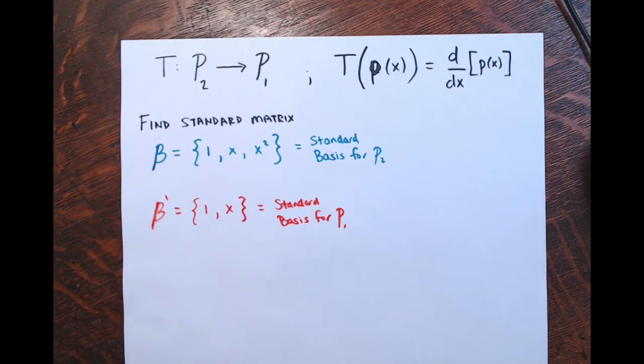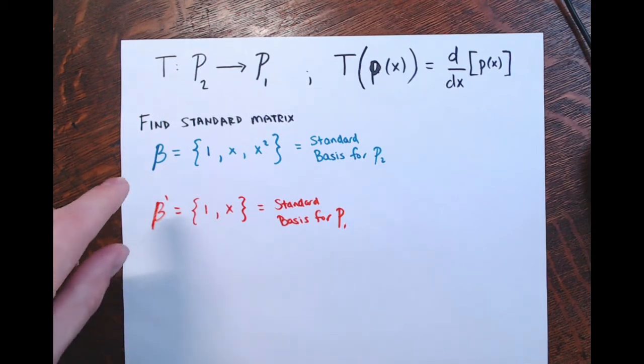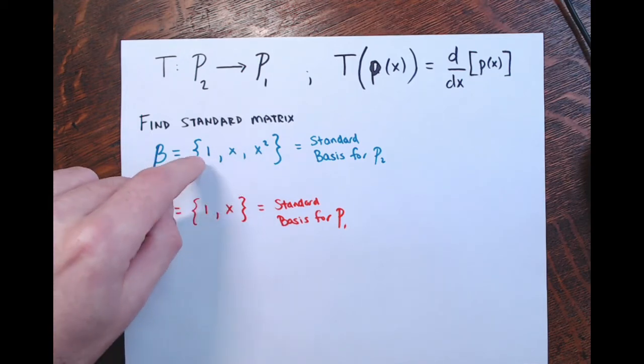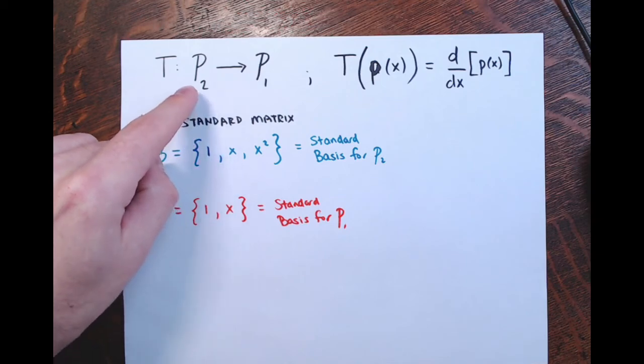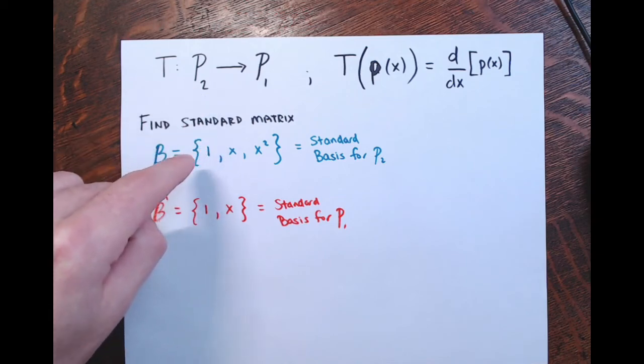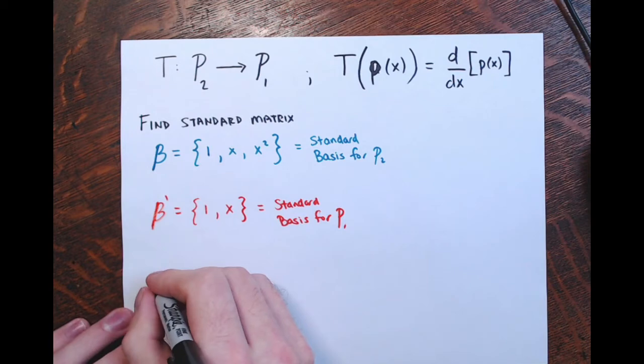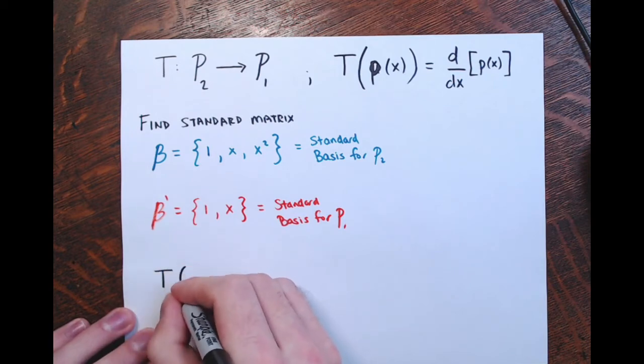Now to find the standard matrix, I just need to find the image of all the standard basis vectors from the domain and then convert them to their coordinates relative to the standard basis B prime for the codomain. So what's T of 1?